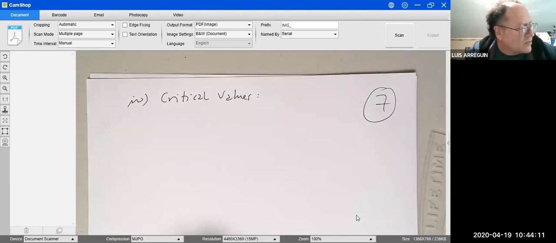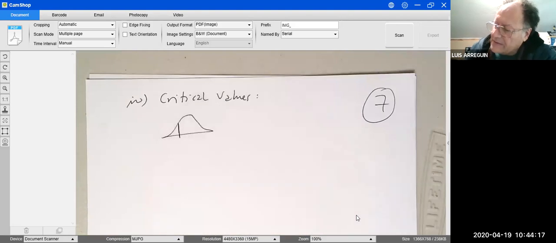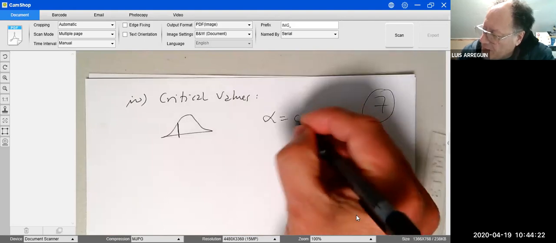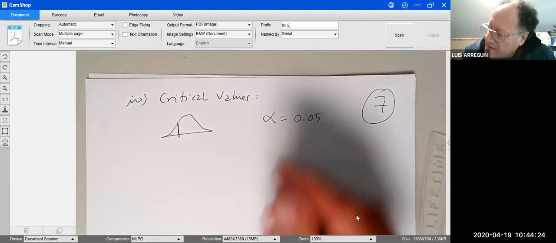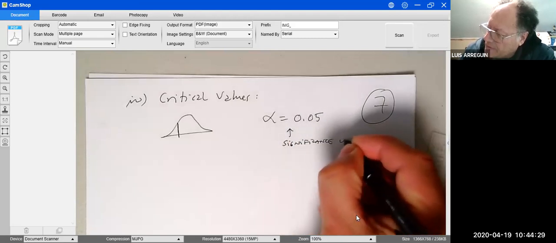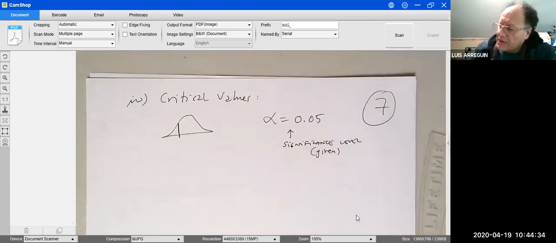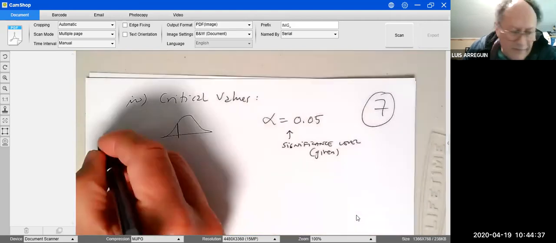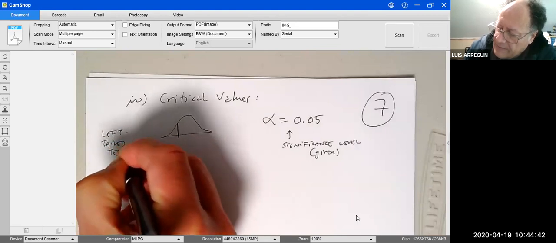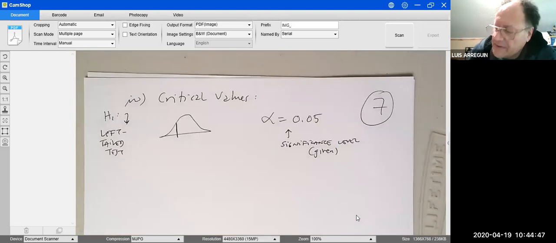So in this case, we have a left tail test. We need alpha. Alpha is given, it is 0.05. That's the significance level. So this value is given, just read again the problem. This is a left tail test because of the alternative hypothesis.